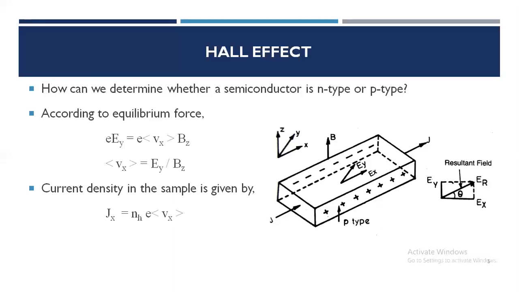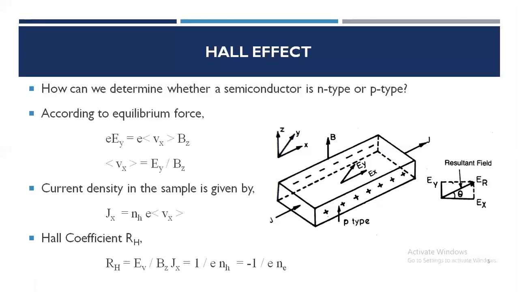Now, by substituting the value of Vx, that is Ey upon Bz, into this equation, we can calculate from these above three equations the Hall coefficient, indicated with RH.